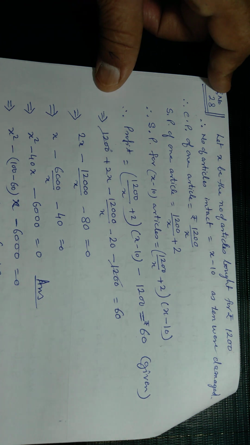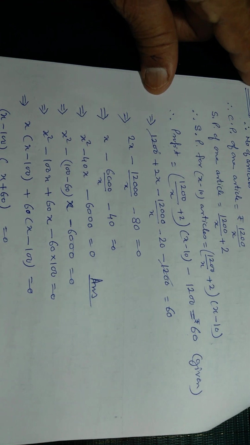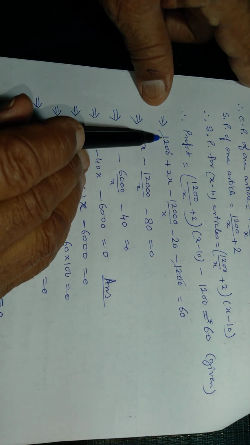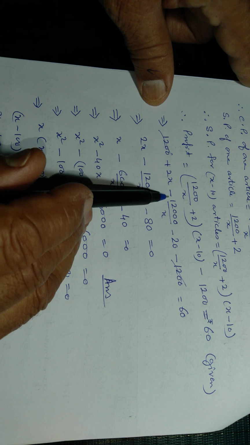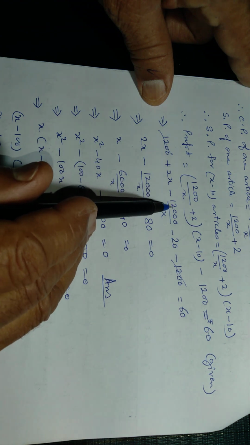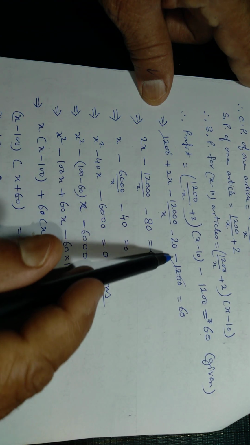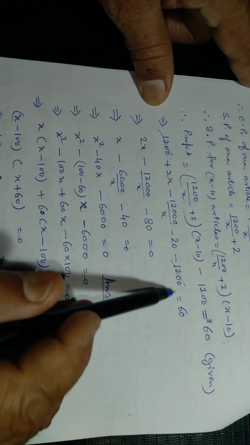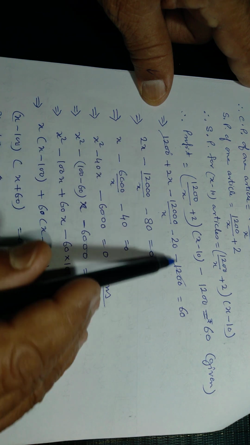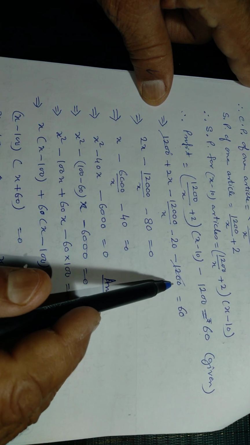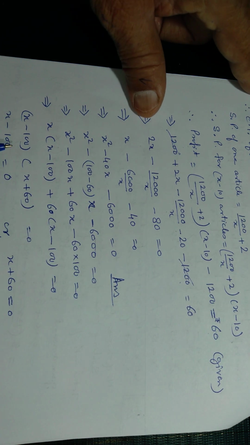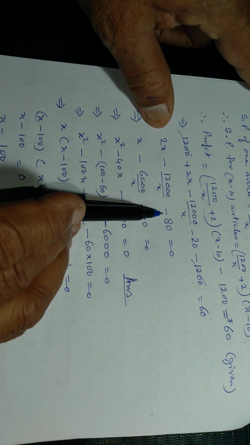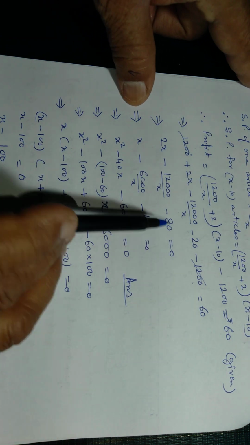Now further you solve it, you will get 1,200 plus 2x minus 12,000 by x minus 10 minus 1,200 equal to 60. You see, this is 1,200 plus, this is minus, so both will be cancelled. Now proceed. 2x minus 12,000 divided by x minus 60 is equal to 0.